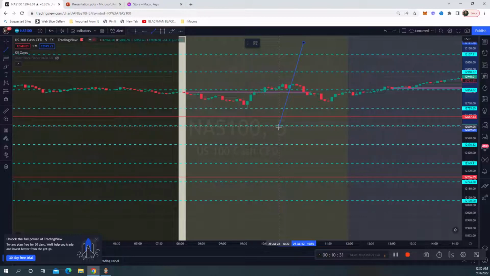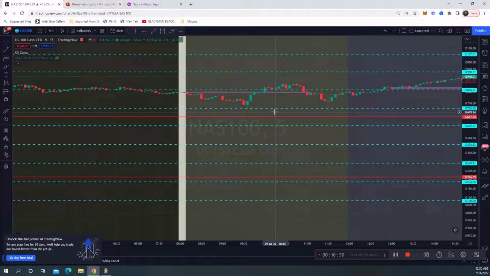I noticed that at certain times in the NAS trading, with the movement of the candles, they tend to bounce off of certain areas, whether they're buys or sells.